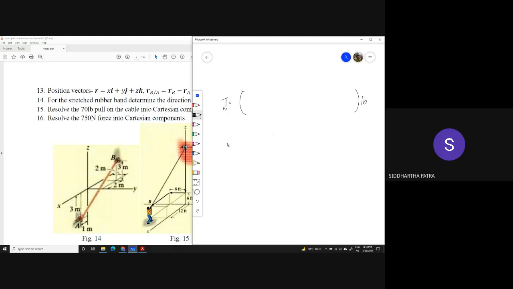So the idea is, you are already doing it, but you'll be getting the position vector of B with respect to A. Then you would be getting the unit vector along AB by simply dividing the position vector with its magnitude. And once you are done with that, if you know the magnitude of the tension T, simply multiply T with the unit vector.